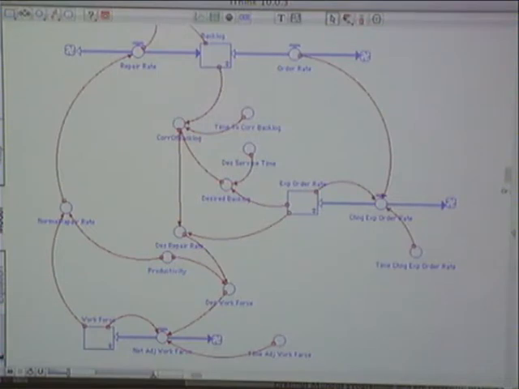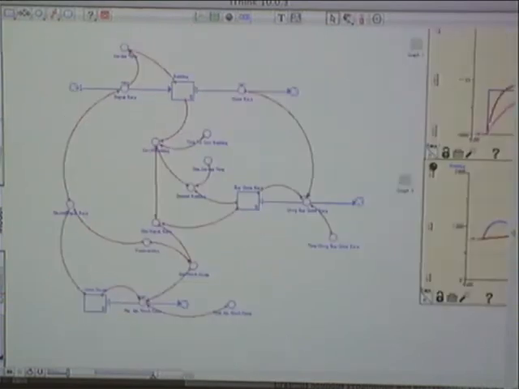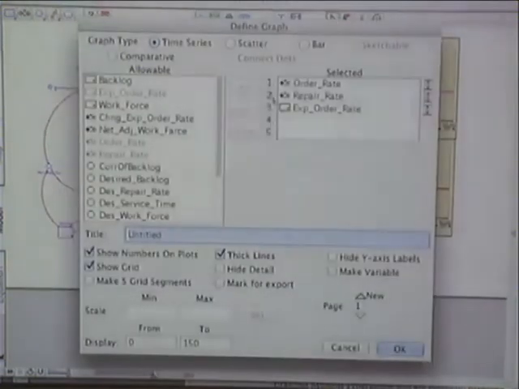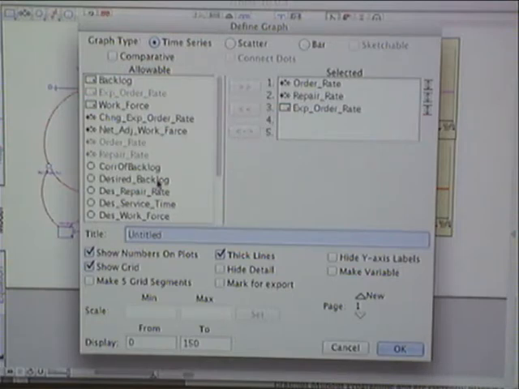Okay, so what we do now is to say, I want to report on the model here now. So what we have are a couple of variables up here that we need to supplement. The production rate that we had is gone from here. No, it's still there. Let me see. It's the order rate that we have. It's the repair rate that we still have. It's the expected order rate, but we don't have the desired repair rate. So we need to compare with that.